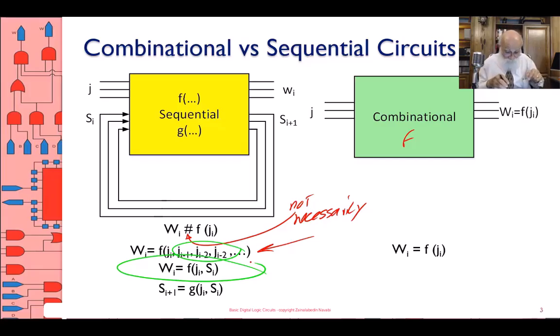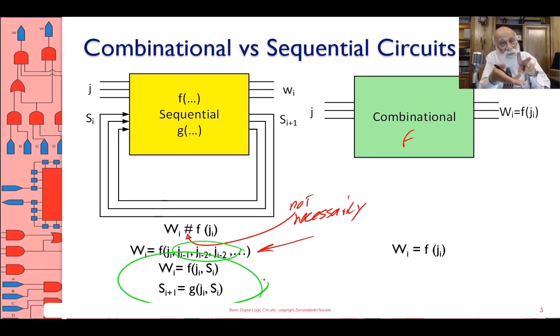So instead of having one function, I have two functions. The present output is a function of the present input and the state of the circuit. The next state of the circuit changes.